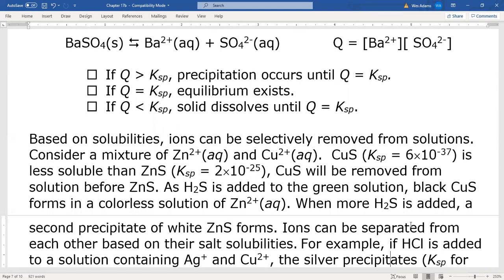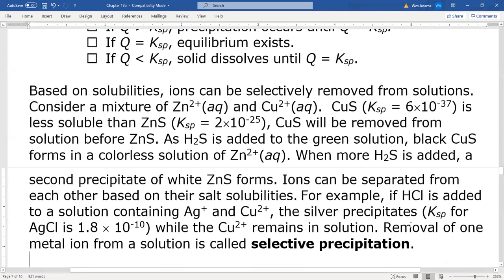Ions can be separated from one another based on their solubilities. Sometimes one is soluble and the other one's not. For example, if I add HCl to a solution containing silver and copper ions, the silver precipitates because the KSP for silver chloride is 1.8 times 10 to the negative 10th, while the cupric ion remains in solution because cupric chloride is water soluble.